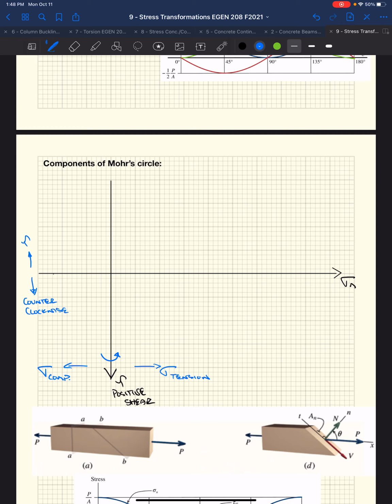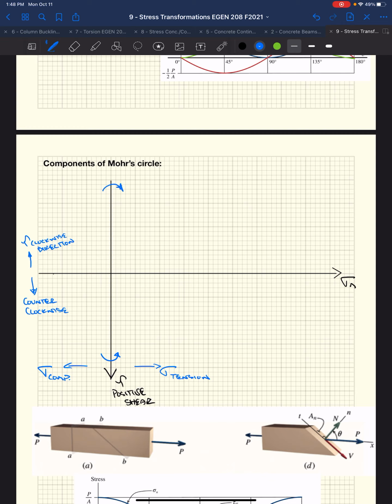And then we have clockwise rotating shear. Well, that's on the negative side of our axes, right? So positive is downward, okay? Positive for shear is downward, which if your shear stress makes your block twist counterclockwise, it's positive on the downward side of our x-axis.